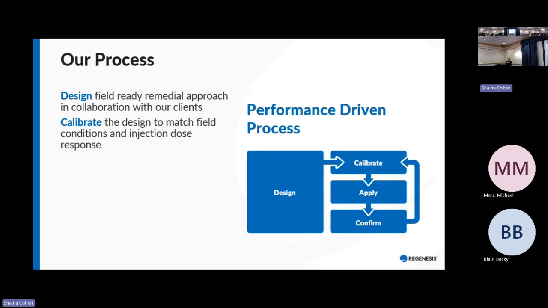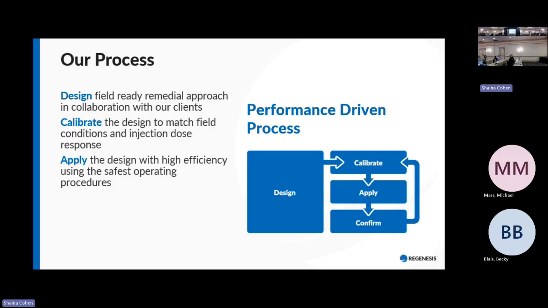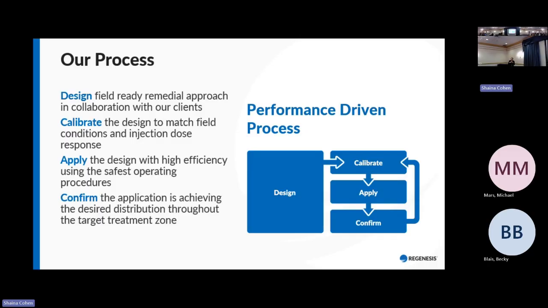It's a dynamic process where we put together a design, but then we often need to calibrate it once we're actually out in the field doing the application itself. We want to make sure that we're actually achieving our desired radius of influence, our desired geochemical changes that we can observe in the field. And then recalibrate and change these things if needed, go through it in a cyclical process if need be, and be flexible.